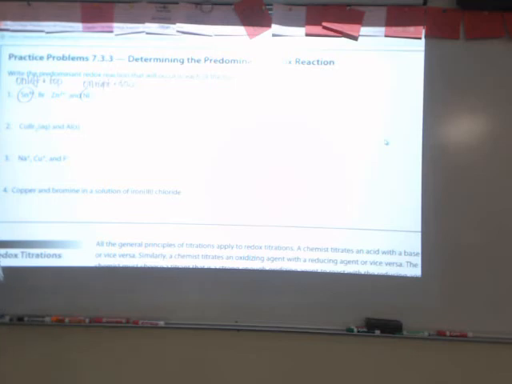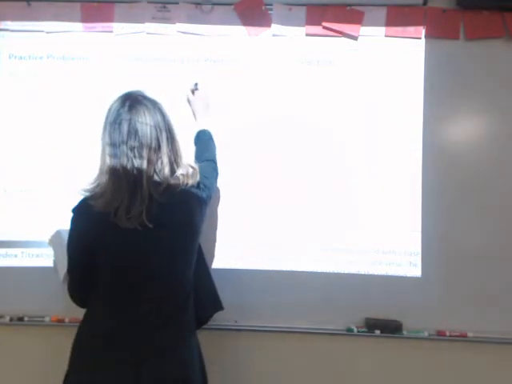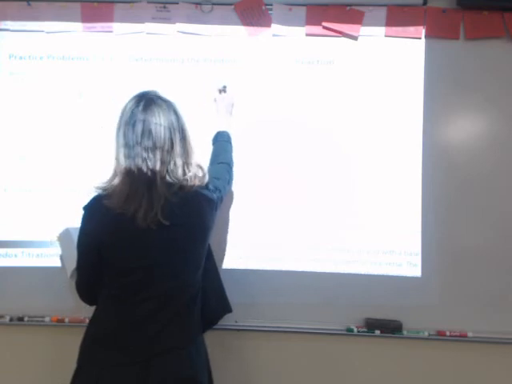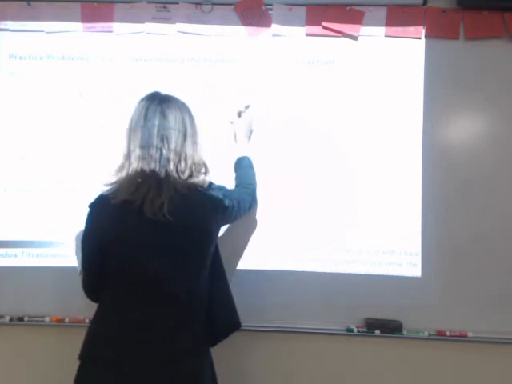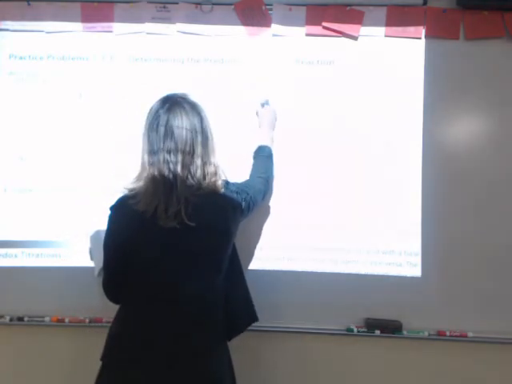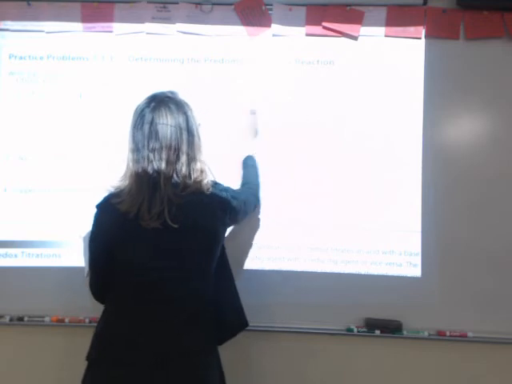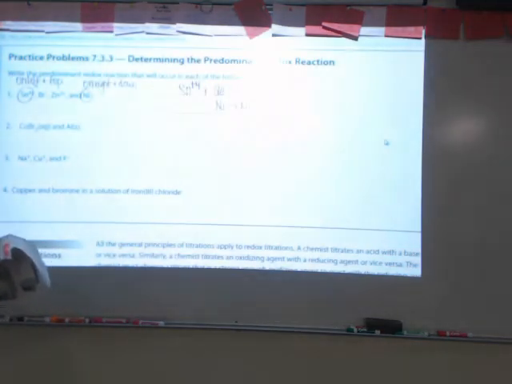We're going to use their half reactions to write the overall redox reaction that occurs. So we're going to take our Sn+4 plus 2 electrons, which goes to Sn+2, and then your nickel is going to give its electrons to tin. So we have these two half reactions.